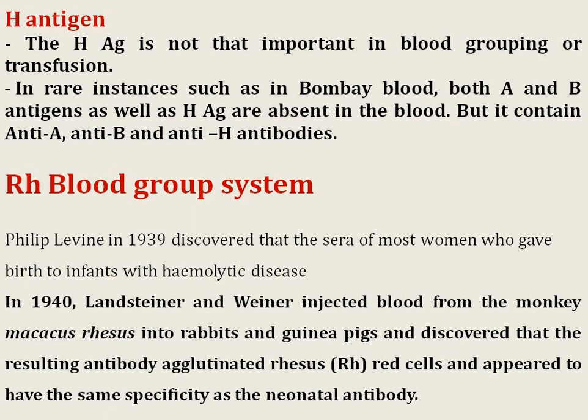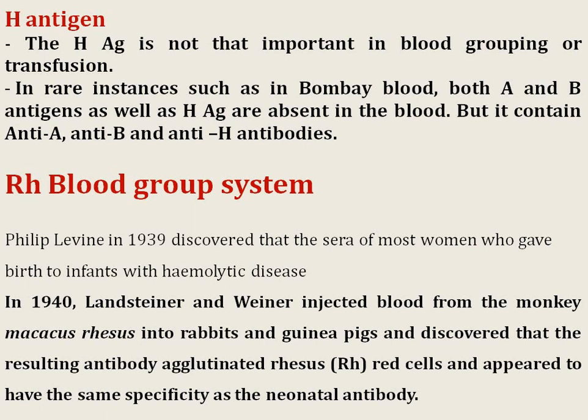In 1940, Landsteiner and Wiener injected blood from the rhesus macaque into rabbits and guinea pigs and discovered that the resulting antibody agglutinates rhesus red cells and appears to have the same specificity as the neonatal antibody.